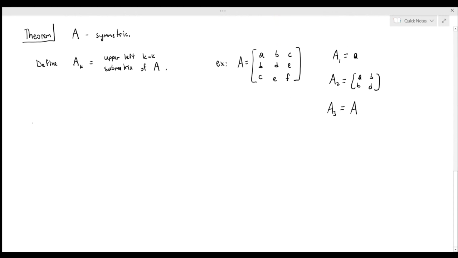So then this theorem says that a matrix A is positive definite if and only if the determinant of all of these submatrices is positive.